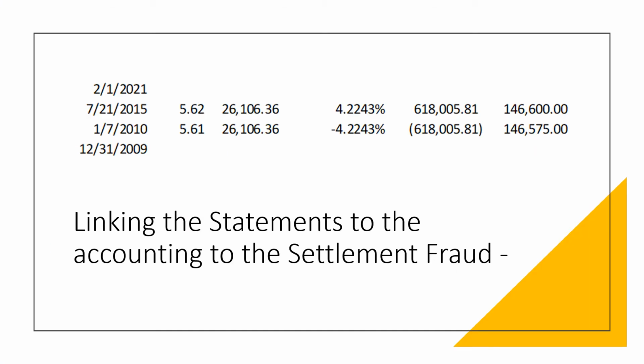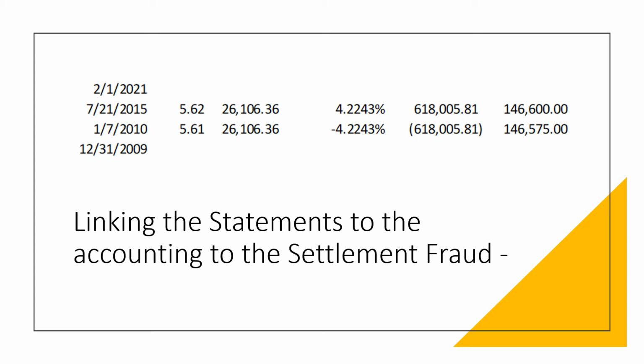Let's recap. 5.62 years based on a payment of $26,106 a year, based on 4.22%. Both loans running one after another would take you from 2/1/21, right at the beginning of this year where the foreclosure resumed, all the way back to 12/31/09, which would be right around the timing for the last payment due.